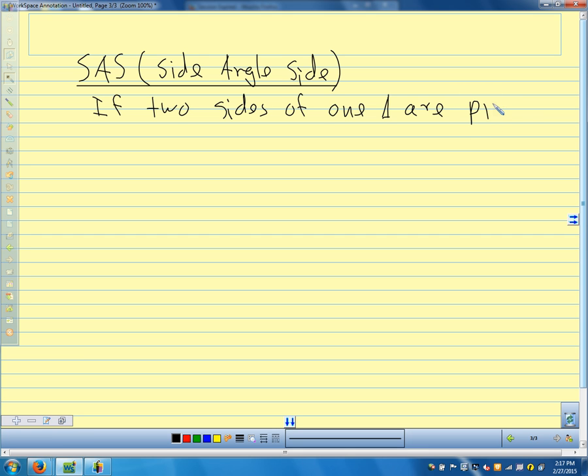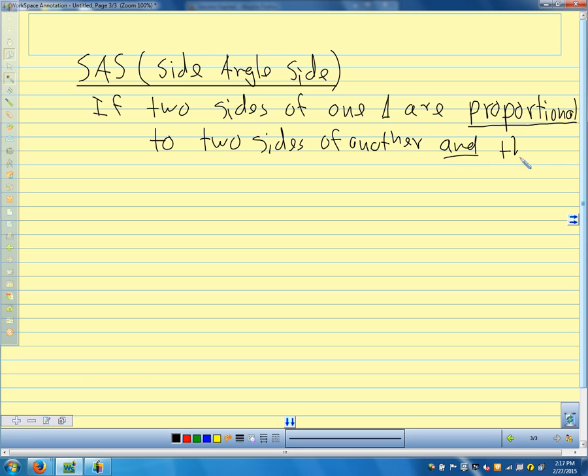Proportional. Since we're talking about similarity, it's always about proportions. If 2 sides of one triangle are proportional to 2 sides of another, and the included angles are congruent, then the triangles are similar.